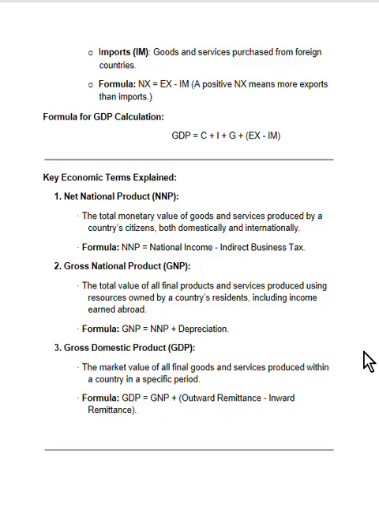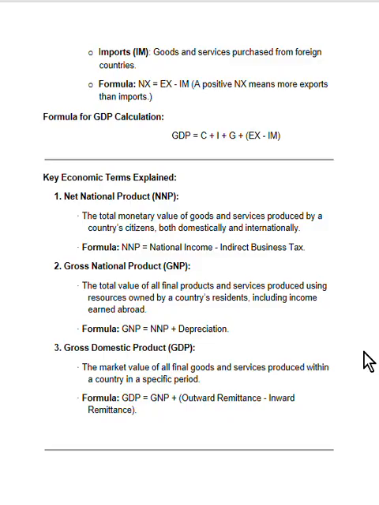Then gross national product, the total value of all final products and services produced using resources owned by a country's residents, including income earned abroad. How to calculate it? GNP equals NNP plus depreciation. That means if we add depreciation to net national product, we get gross national product.